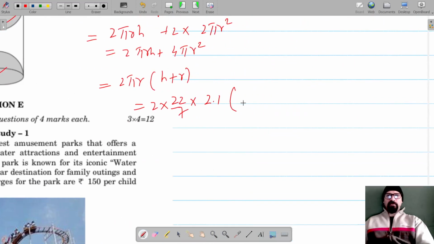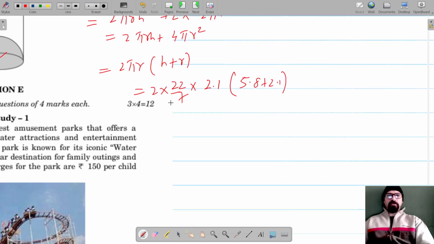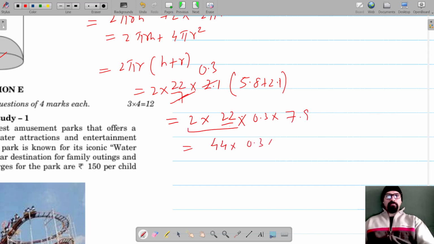So this is 5.8 plus 2.1. Okay, this gets cancelled with 7. So this is 0.3 into 5.8 plus 2.1, which is 7.9. So 2 into 22 is 44 into 0.3 into 7.9 should give me the surface area.